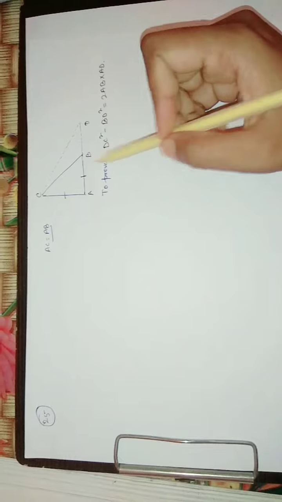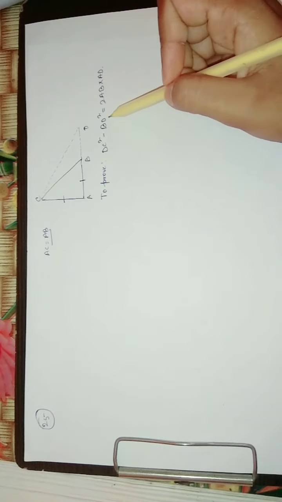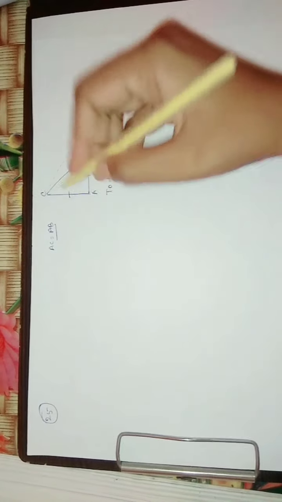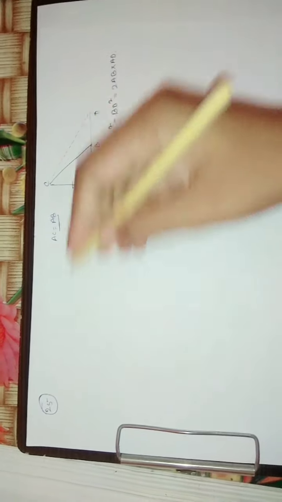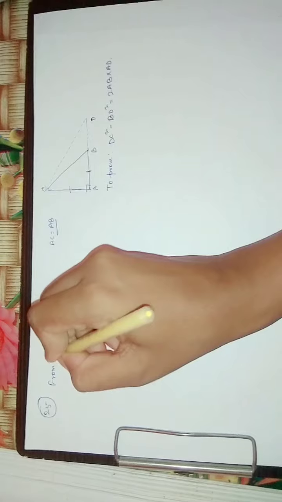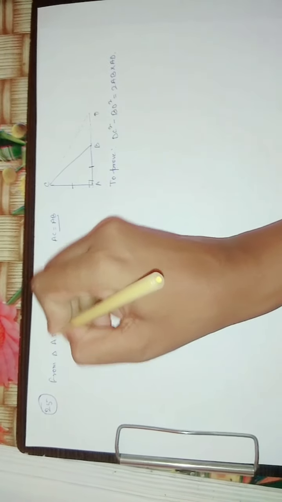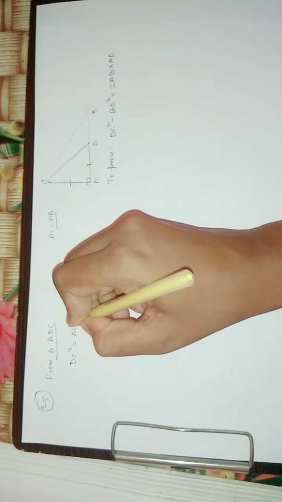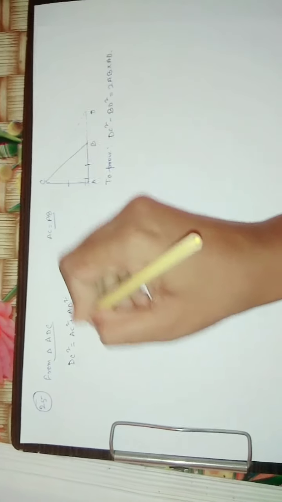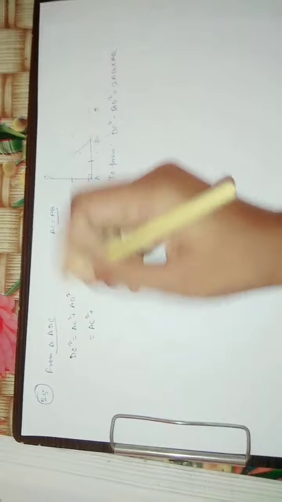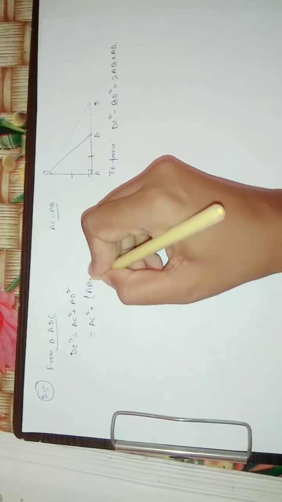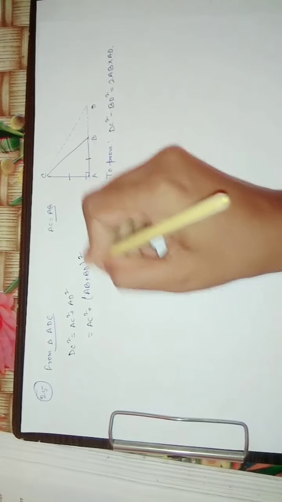Okay, in number 25 we have to prove that DC square minus BD square equals this. So let us consider the right angle triangle ADC. From triangle ADC, DC square is equal to AC square plus AD square. You can write AD as AB plus BD, so writing it as (AB plus BD) square.